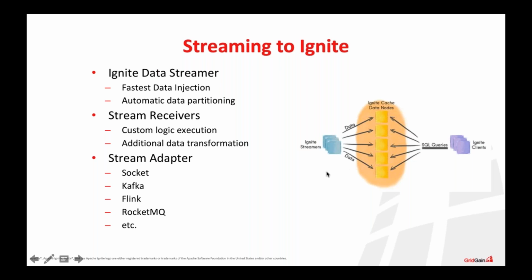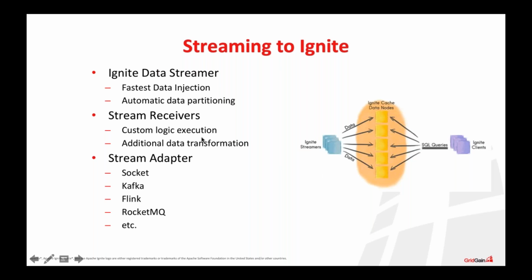So when you need to stream the data into one of your caches, to all your nodes, you just need to create an instance of Ignite Data Streamer in your application, and push all the data into it. And the streamer will make sure to deliver all this data in the fastest way to all the nodes you have.